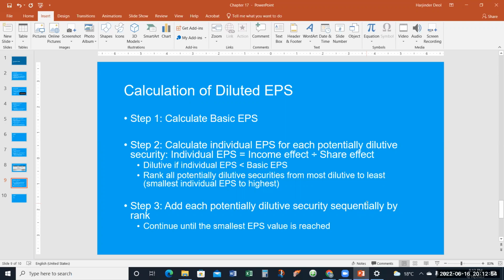And that is a potential area where people might get stumped on an exam question because they just did not pay attention. Because you can have a situation where there's a reversal that happens. The EPS number actually goes up because the individual earnings per share effect of that particular security happens to be higher than the current diluted EPS calculation.